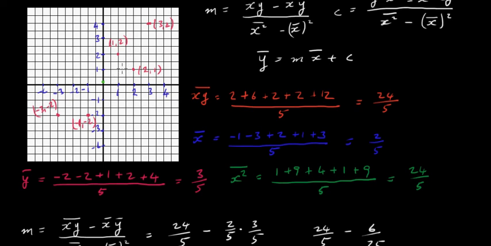Now it's going to have a slope very close to 1, so it's going to be going through roughly these kind of points here, somewhere around here. So it's going to look something like this. Okay, so that's roughly our line of best fit. Okay, so that's it for this video.